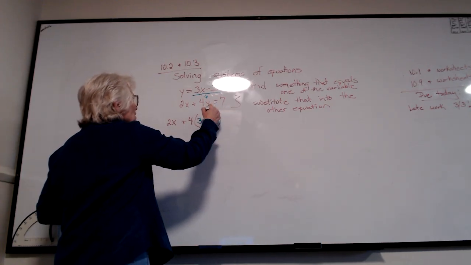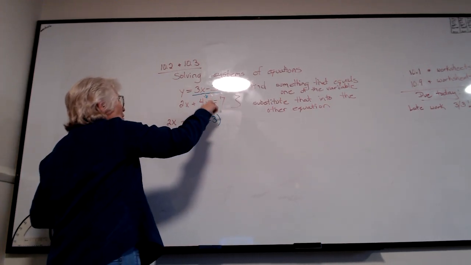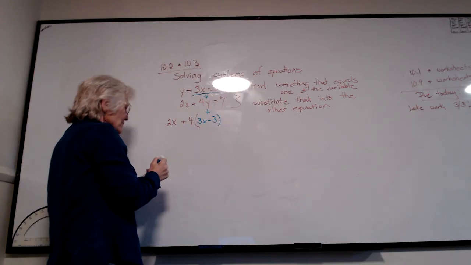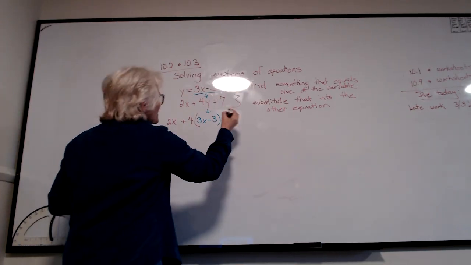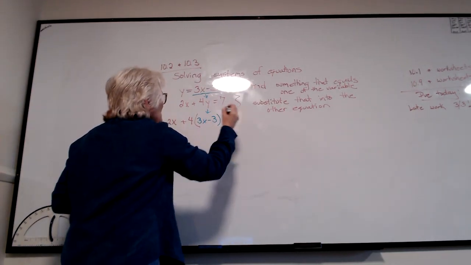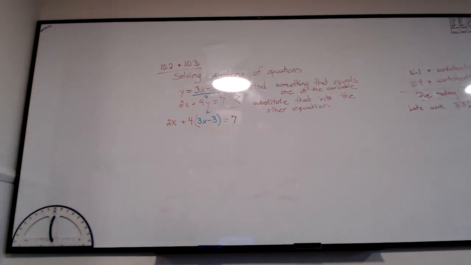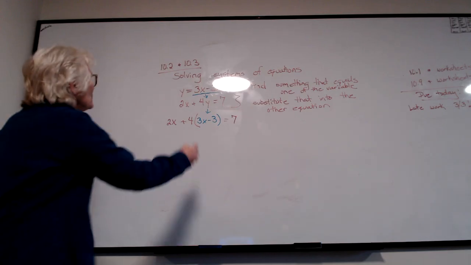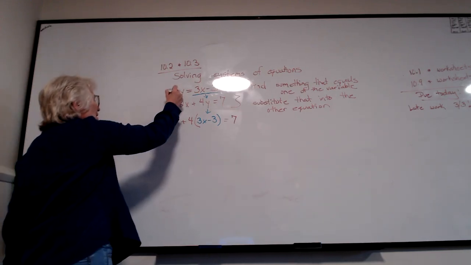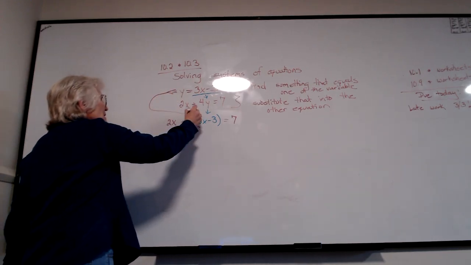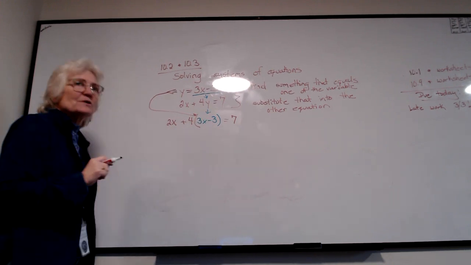Notice all I did was replace y with the 3x minus 3, and that's going to equal 7. Is that what I had? Yes. So I took the first equation and plugged the equivalent expression in.